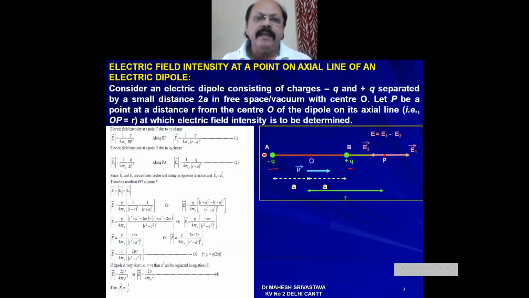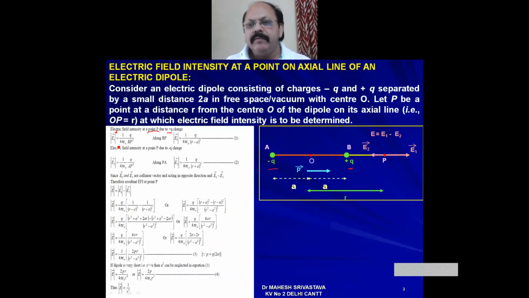So here we apply the same formula which we have already studied in case of electric field intensity at a point due to the point charge. So electric field intensity at point P due to plus Q charge becomes |E1|.